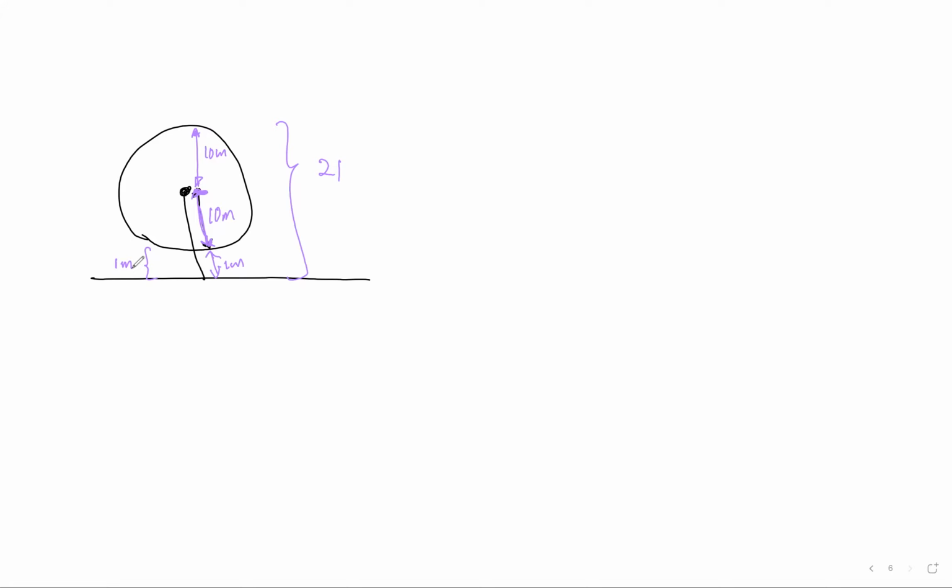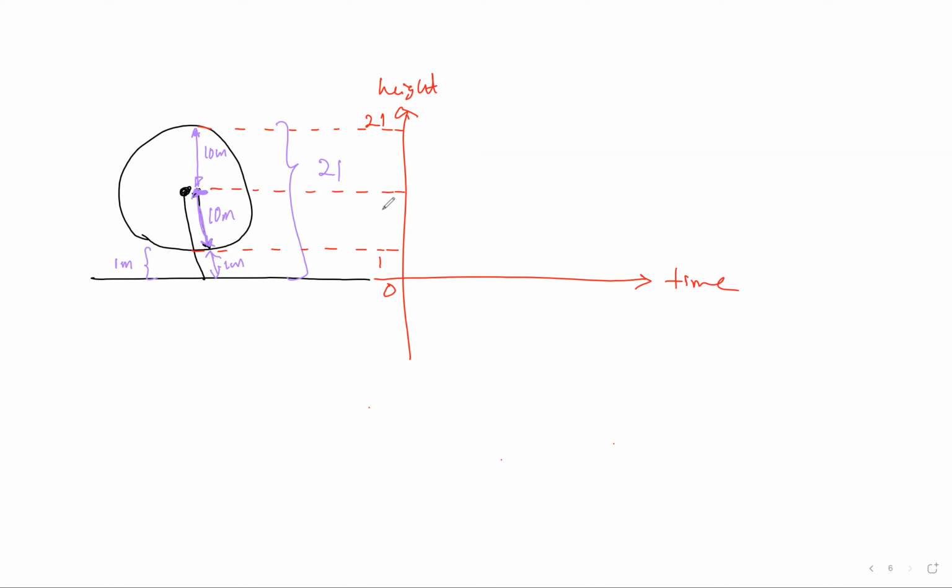Okay, so what I'm going to do is draw the height. Let this be 21. Let this be 1. This is of course 0. Can you see the height? So this is height versus time. I'm just bringing you through it. Here you have 10 meters from here, so this is 11.